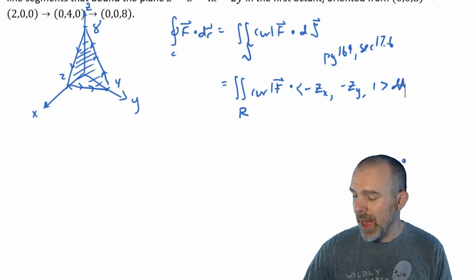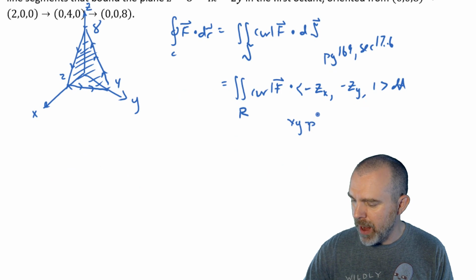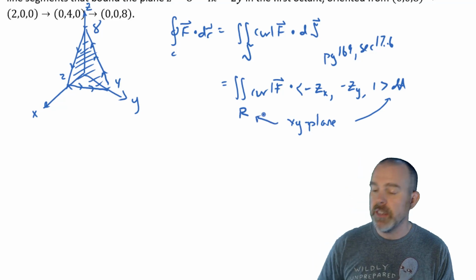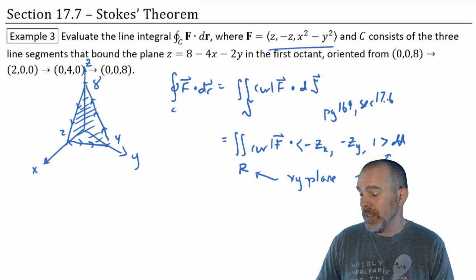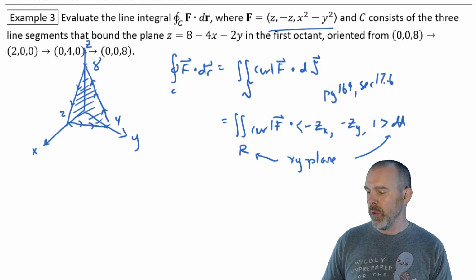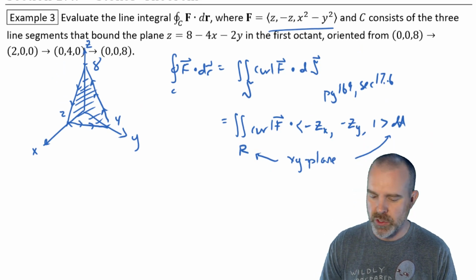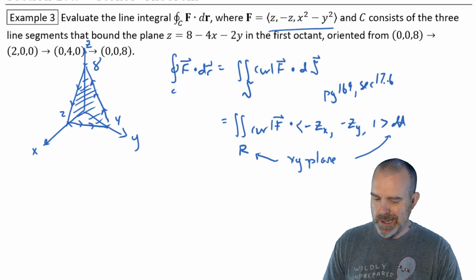And that's in the xy plane. No need to parameterize if your surface is a function of x and y. Basically, you're parameterizing it with u equals x and v equals y, and so you can get this form, and that's back in the surface integral section.